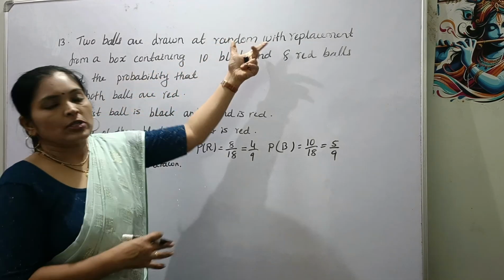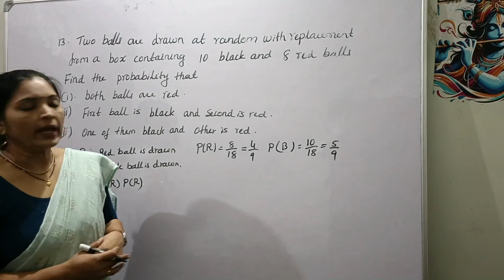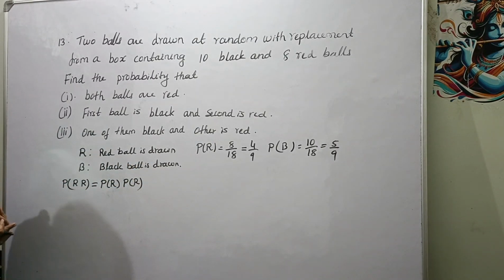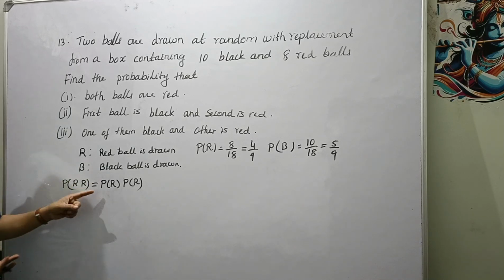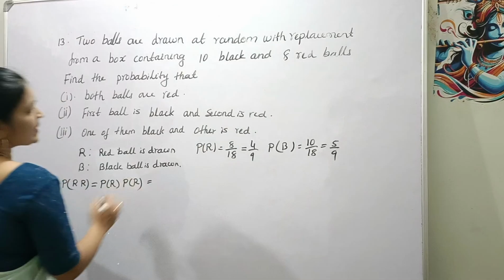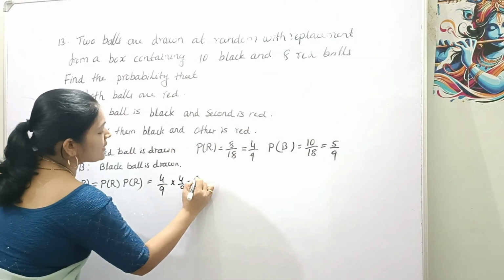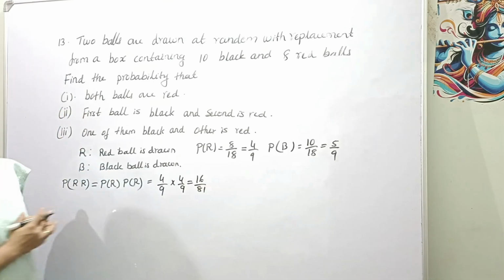See, when we select one ball and replace it back, the events are independent. Therefore, probability of R intersection R is equal to probability of R into probability of R. That is 4 by 9 into 4 by 9, which is equal to 16 by 81.